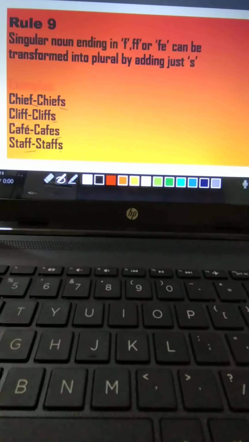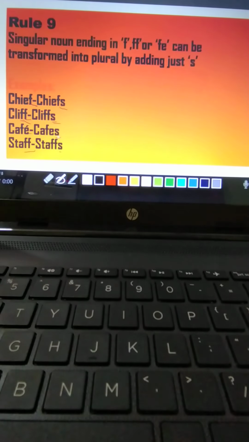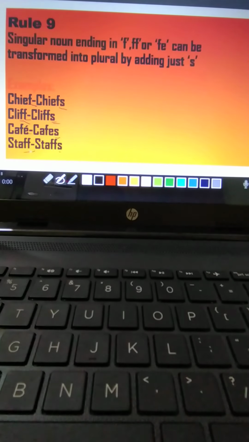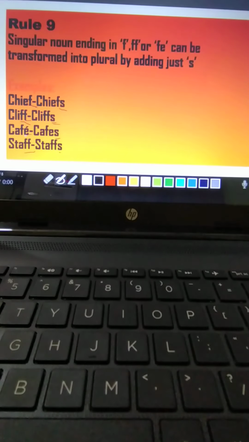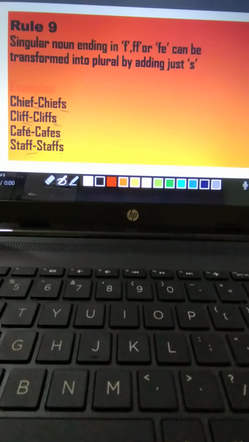Cliff, ending with double f, you just need to add s to the word. Then cafe, ending with fe, just add s to the word. These are the different words ending with f, double f, fe, where you can just add s to the word and transform singular noun into plural noun.